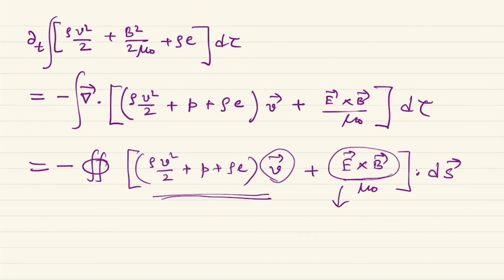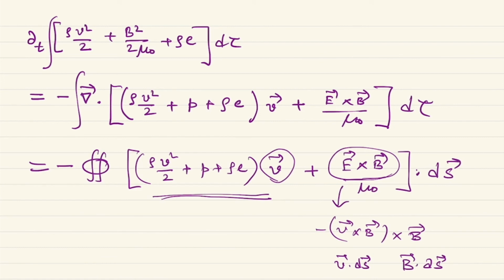For that I have to write E is equal to minus v cross B. So finally you have two types of terms. In one you will have terms like v dot dS, which is okay for vanishing. There will be another term B dot dS that will also vanish, because if the magnetic field gets out of the boundary surface, simply B dot dS, that means this is no longer a boundary surface.